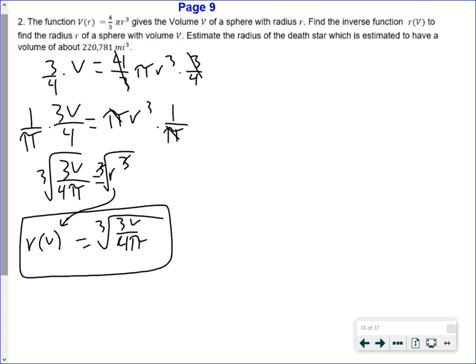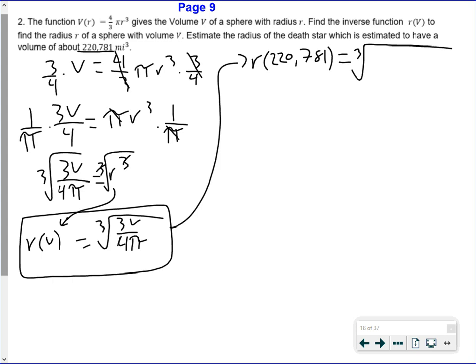So what we're going to do now is take this inverse function we just solved for and plug in this volume. So we want r of 220,781. That's going to be the cube root of 3 times that 220,781 all over 4 times pi.